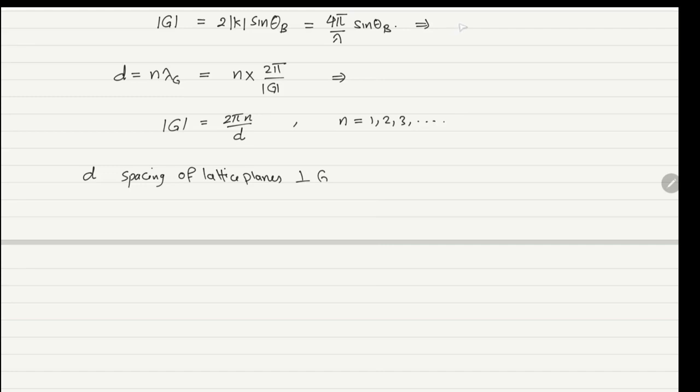Now, by equating this equation here and this equation here, we will get n lambda equal to 2d sine theta b, where n equals 1, 2, and 3, etc. And this is actually Bragg's law.